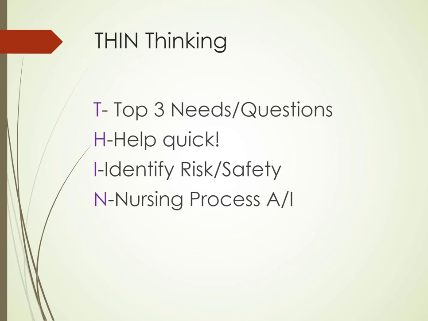You can also use THIN thinking. THIN stands for top 3 needs or top 3 questions that remind you, hey, this is my priority. Or if the patient needs help very quick, or identify the risk or safety of the patient, and use the nursing process. Remember, assess first before you intervene.